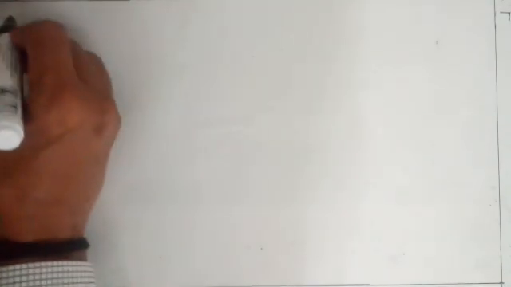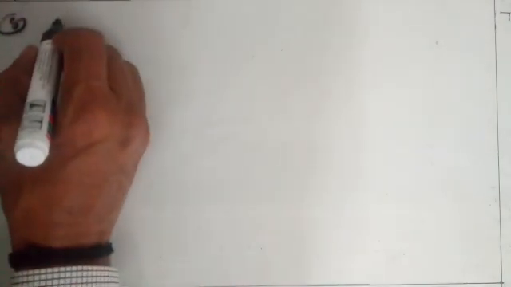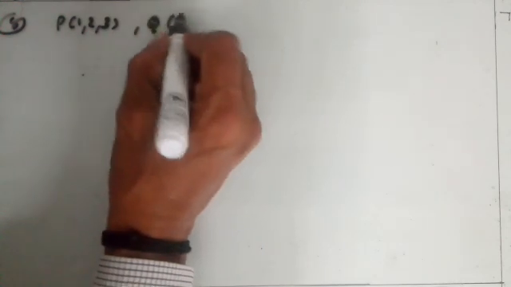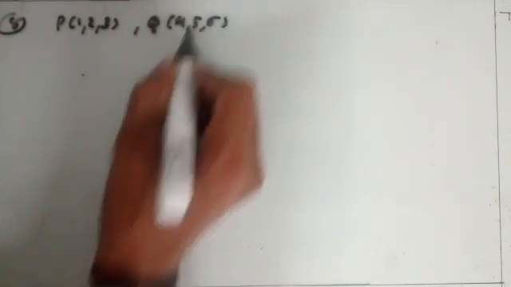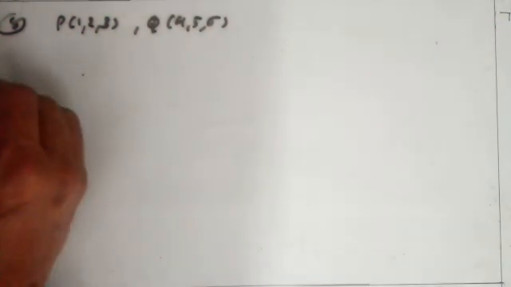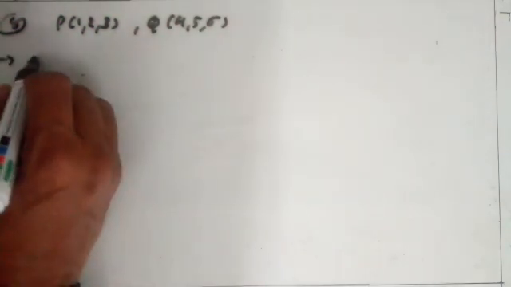Now question number 8. Find the unit vector in the direction of vector PQ, where P and Q are the points (1, 2, 3) and (4, 5, 6) respectively. First find PQ.